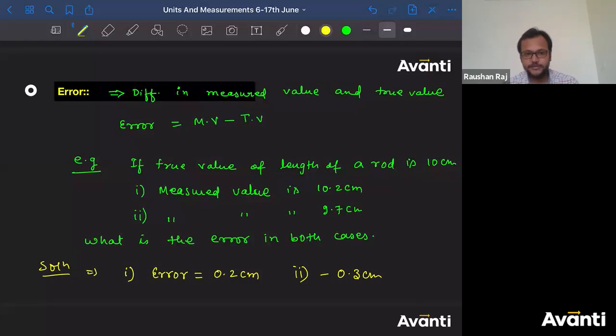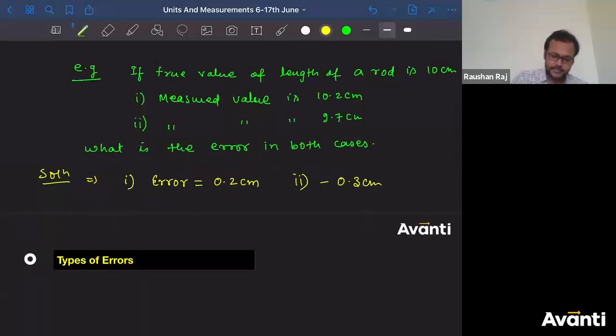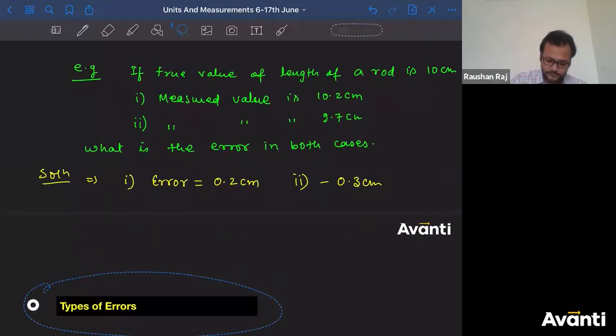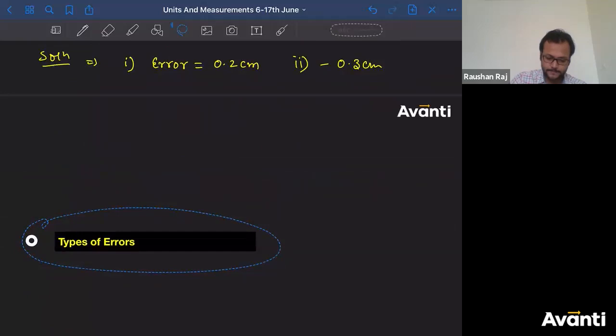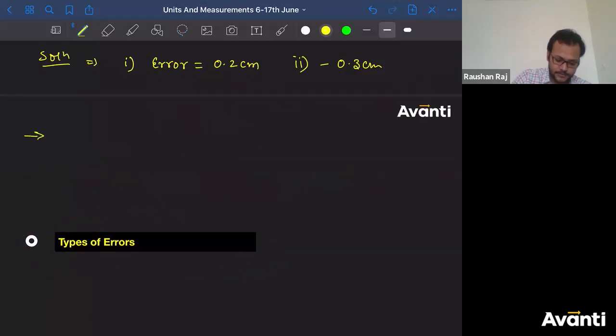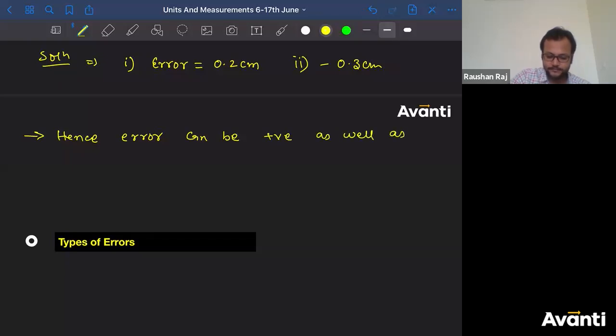It can be positive also. So hence I can write error can be positive as well as negative.